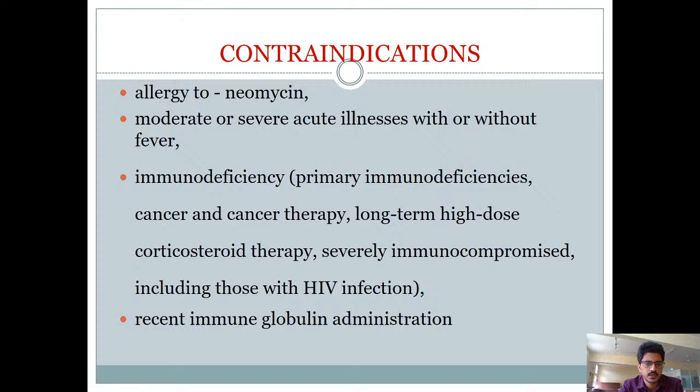So mumps is nothing but a live vaccine. So live vaccines are contraindicated in immunocompromised and immunodeficient people. And in recent immunoglobulin administration, because the recent immunoglobulin administered to the child has neutralizing effects over the vaccine.